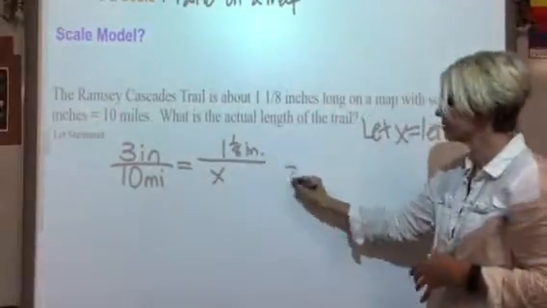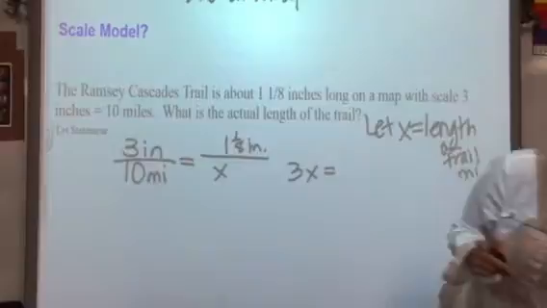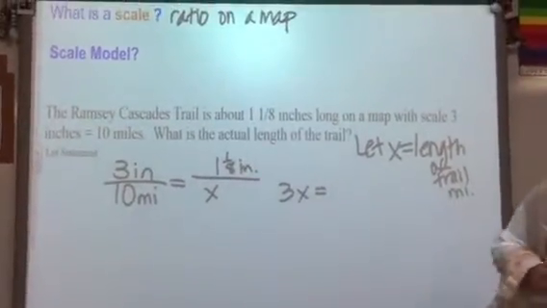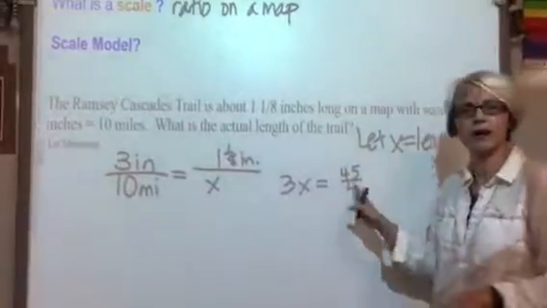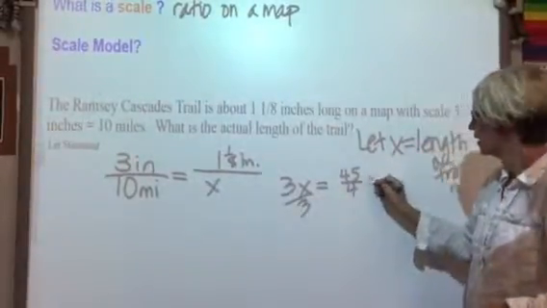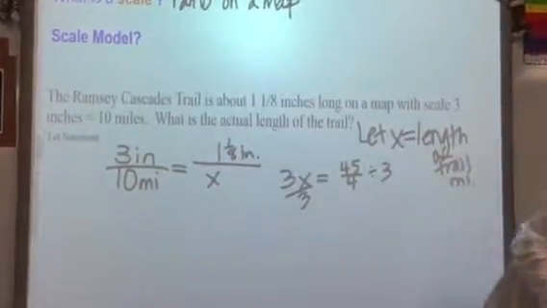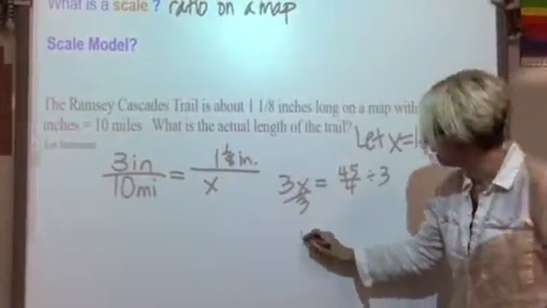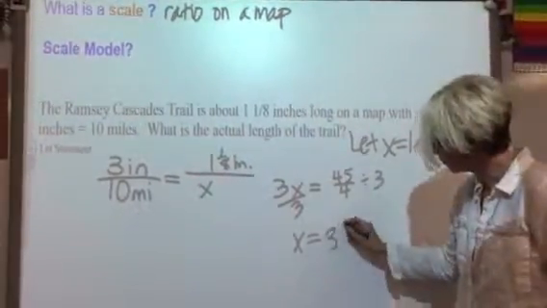3 times x, and then 10 times 1 1/8, and I think that works out to be 45/4 if you do improper fraction. And then I would divide by 3 here, because if I put another fraction under there, that could be confusing, but just use your calculator to simplify that, and you get x is equal to 3 3/4.